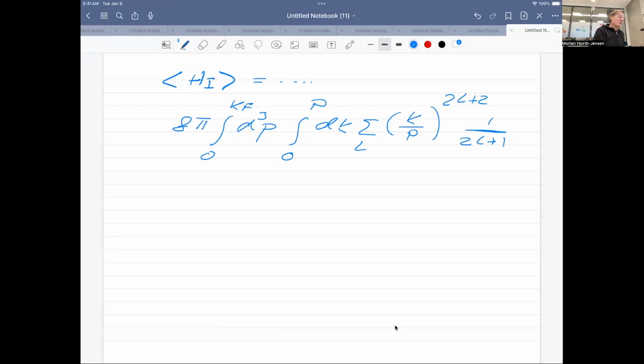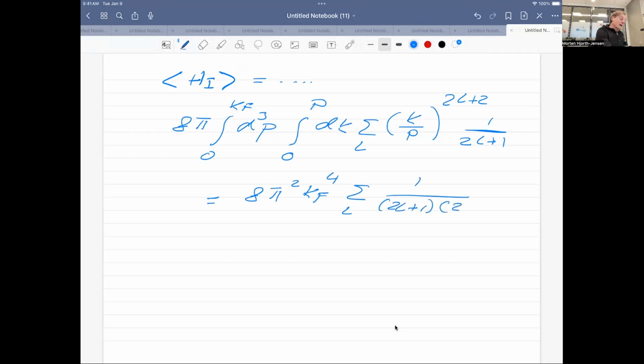Now the integral over k is something which we can perform, and we can also perform the integral over p, which goes up to kf. This is a quantity which we can rewrite, because we know what this sum looks like when we have performed the integration. So we will get an 8 pi squared, and then we have a kf to the power of 4, and then a sum over L, with a factor 1 over 2L plus 1.